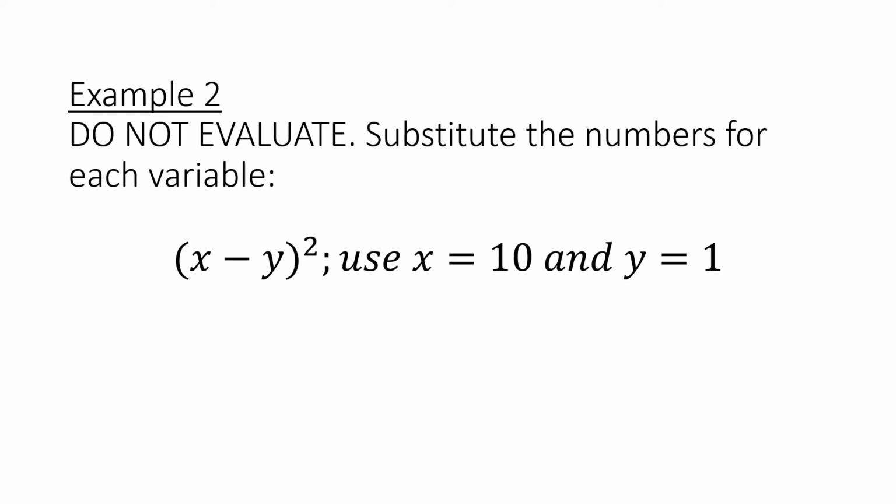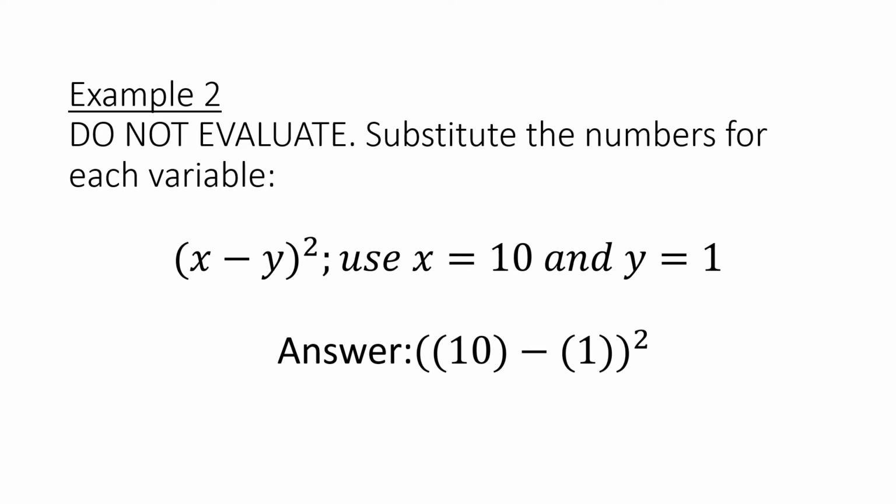And so when we substitute in, that's going to look like this. Notice that we put 10 in place of the x and put parentheses around it, and then we put 1 in place for y and put parentheses around it. We are not solving at this point. We're not evaluating. So this would be just a substitution step using the parentheses.